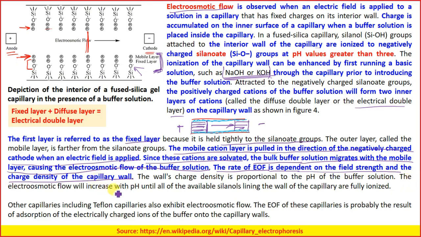The electroosmotic flow will increase with pH until all the available silanols lining the wall of the capillary are fully ionized. Other capillaries, including Teflon capillaries, also exhibit electroosmotic flow. The EOF of these capillaries is probably the result of adsorption of the electrically charged ions of the buffer onto the capillary wall.